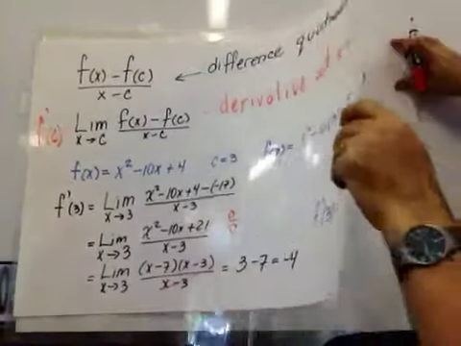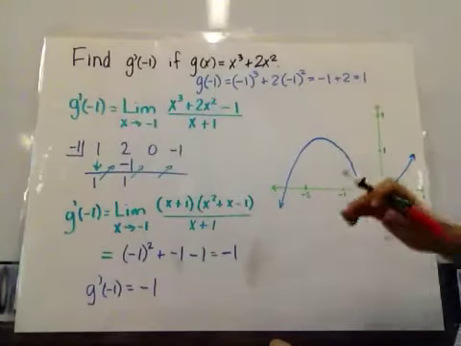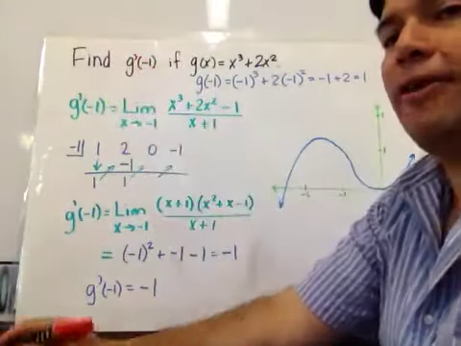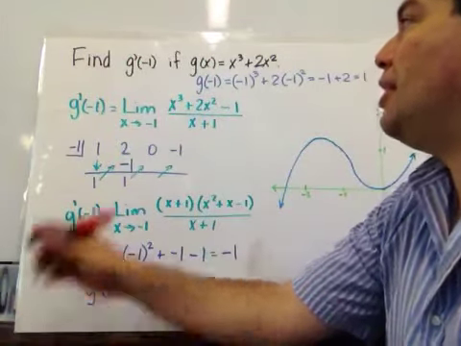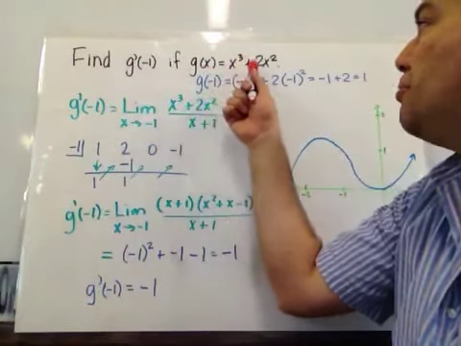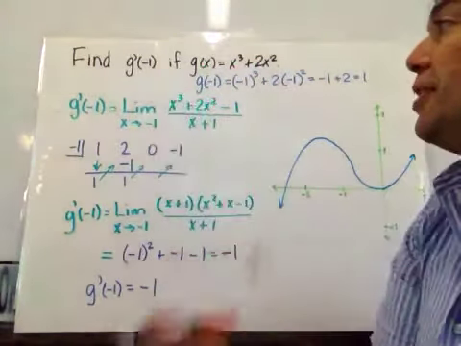Well, let's see another one. Let's find g prime of negative 1. In other words, the derivative of g at x equals negative 1 if g of x is x cubed plus 2x squared. So we need g of negative 1.